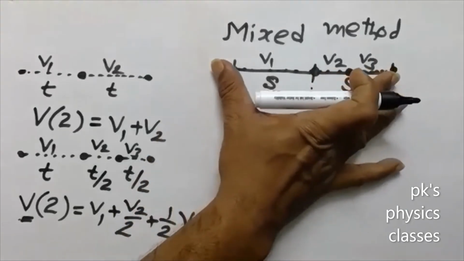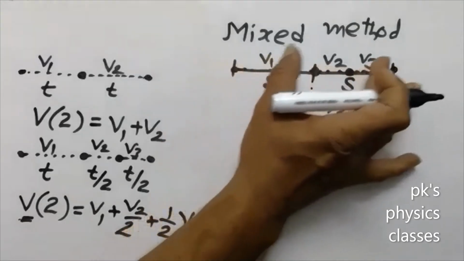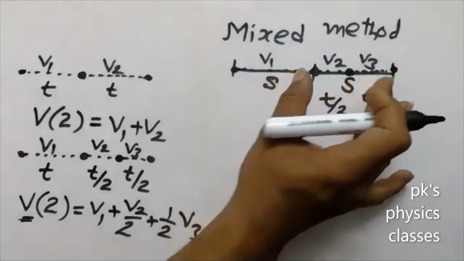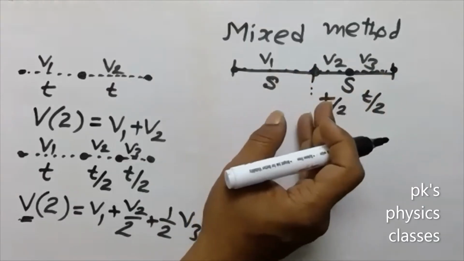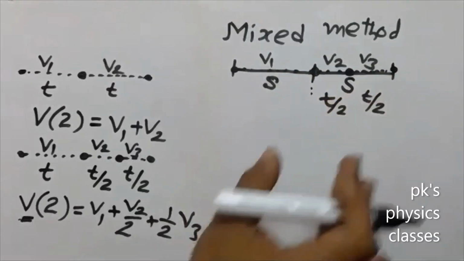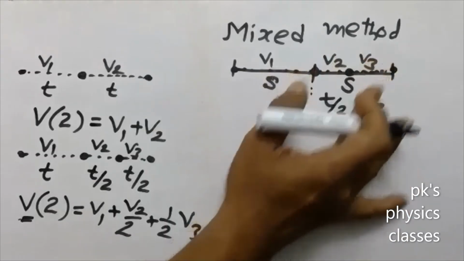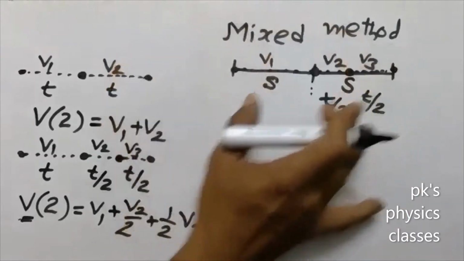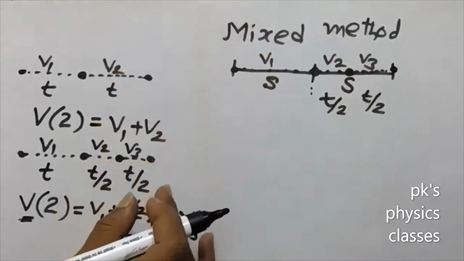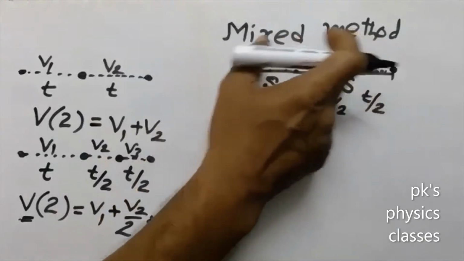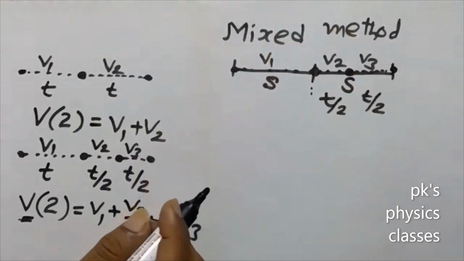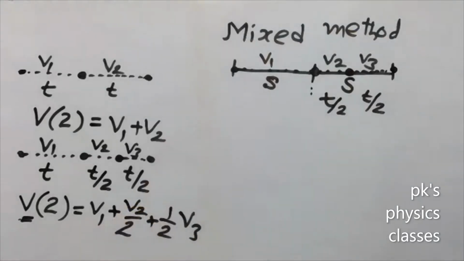Total journey distance is divided into two halves. In the next half, again the journey is divided in terms of time. So here part of it is a time based problem, and the whole is a distance based problem. First we have to solve this part, the time based one. So how to do that?